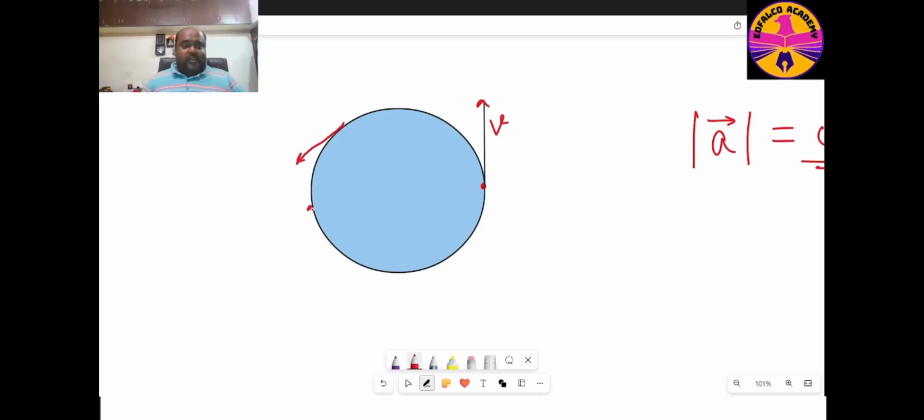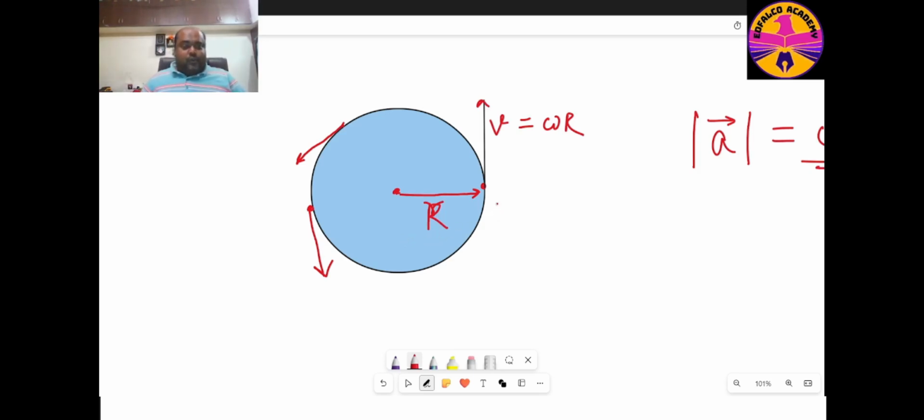At any point, it is tangent to that particular point. So the direction keeps on changing, but the magnitude of v remains the same. And the magnitude of v is given by omega into r, where omega is the angular speed with which the body is moving around the circle, and r represents the radius of this circle. So the velocity magnitude is omega into r.